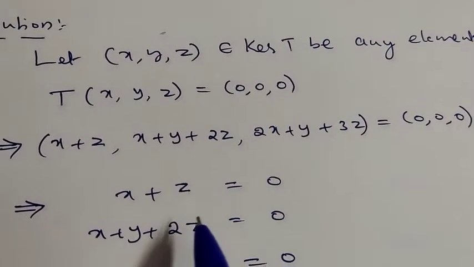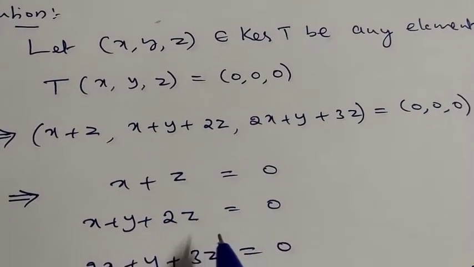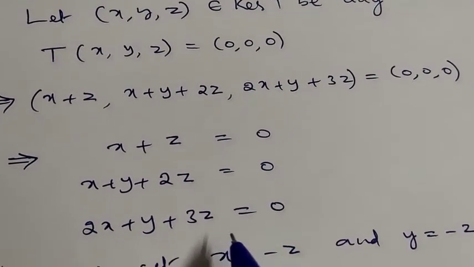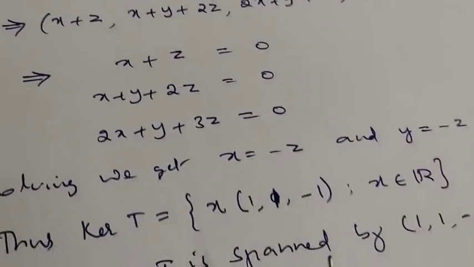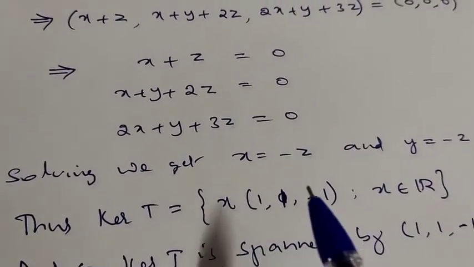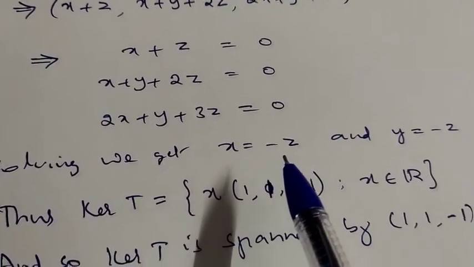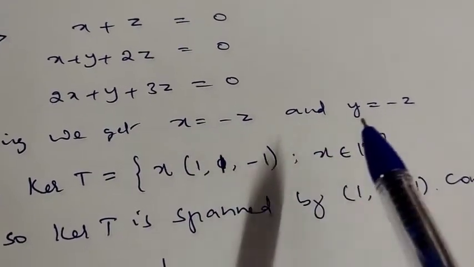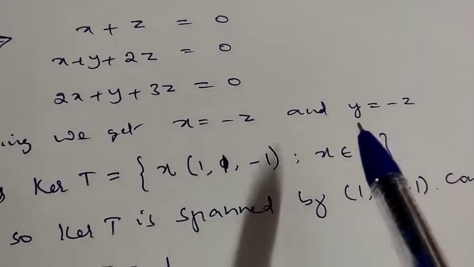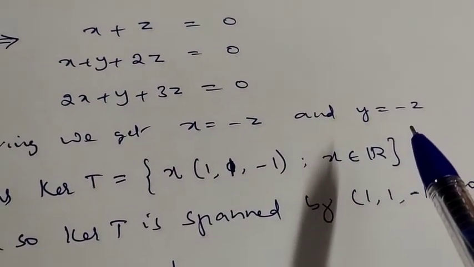This implies x plus z is 0, x plus y plus 2z is 0, and 2x plus y plus 3z is 0. Solving for x, y, z, we get x is minus z and y is z. So x and y depend on z only.